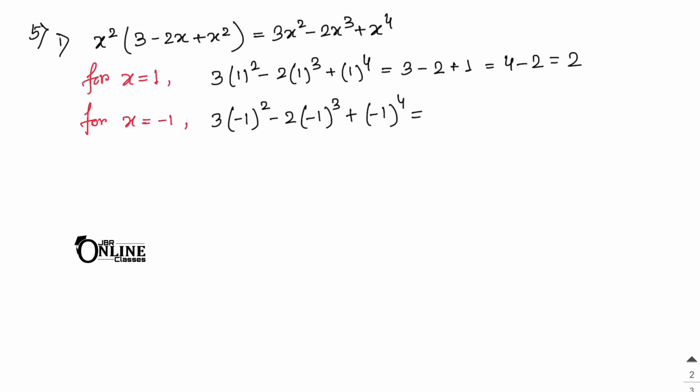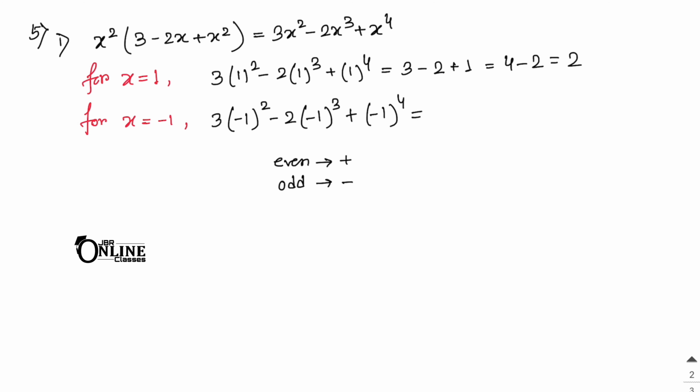Okay, so one thing you have to remember: if the power is an even number, then it will always be a positive sign, and if the power is an odd number, then it will be a negative sign. So here, minus 1 to the power 2, 2 is an even number, so it changes into positive 1.